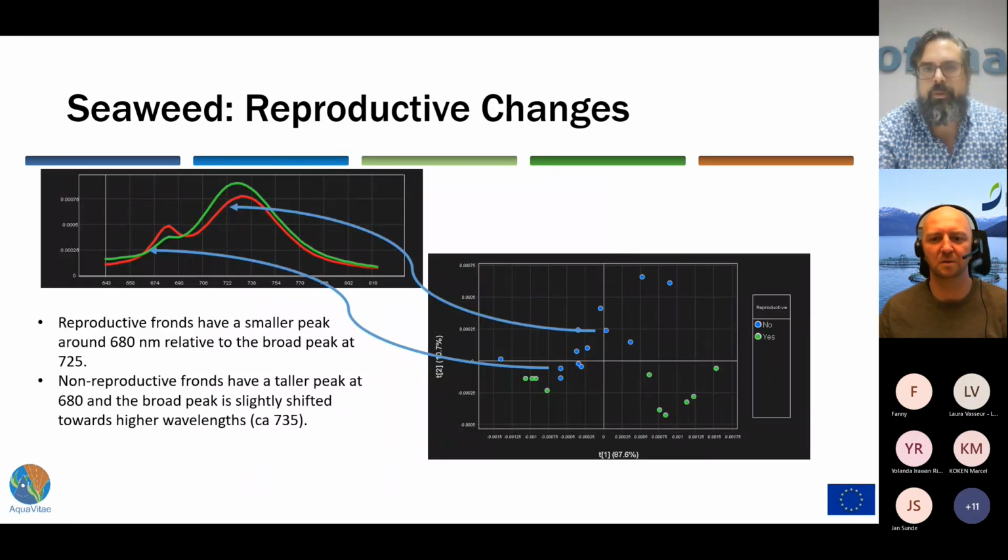Now, what this can also be used for was reproductive changes between the fronds. Non-reproductive fronds were found to have a taller peak at around 680, while the reproductive fronds had a smaller peak at the same level with a secondary peak earlier on around 674.